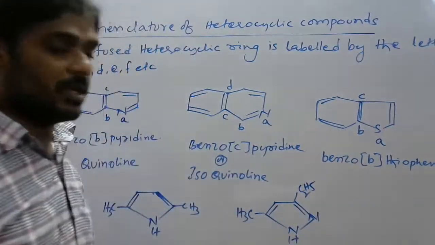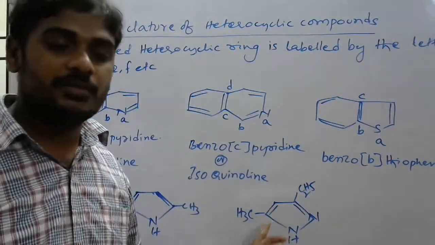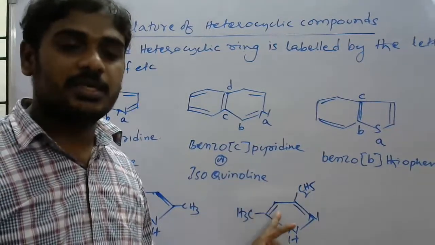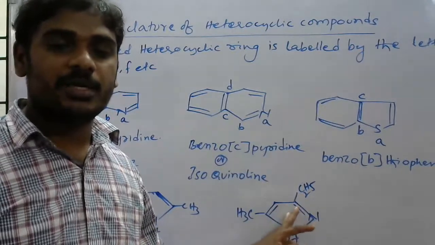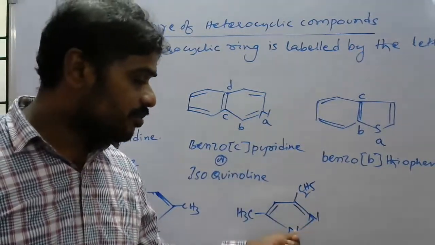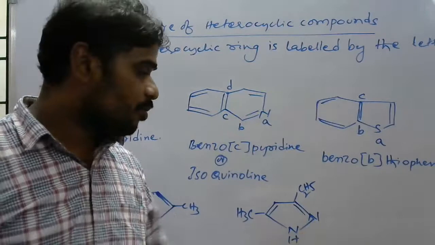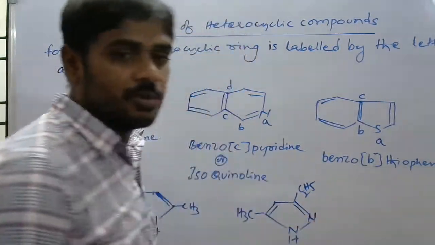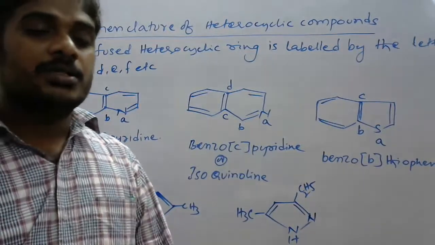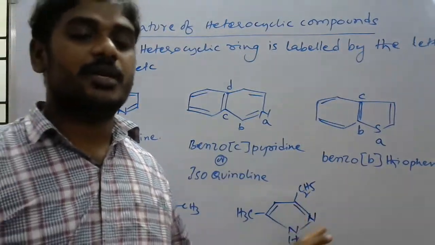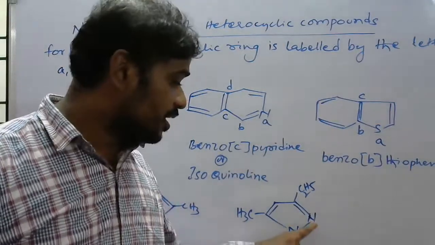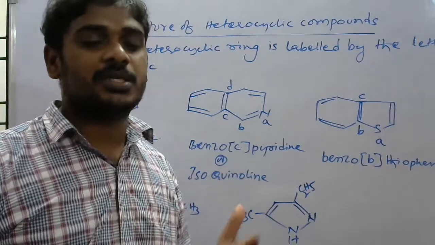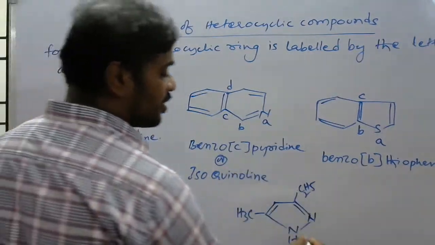Now we give the nomenclature for these two molecules. In this case, ring numbering is preferential. Both are nitrogens present. So preferentially it is given from the heteroatom which is saturated. Here there is unsaturation, here saturation. So the numbering starts from the saturation, then goes to the unsaturation.